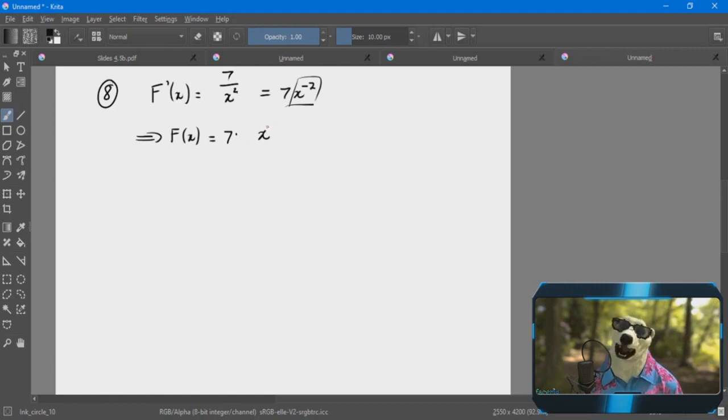Well, since the power rule decreases the power of x, it's going to have to come from x to the negative 1.